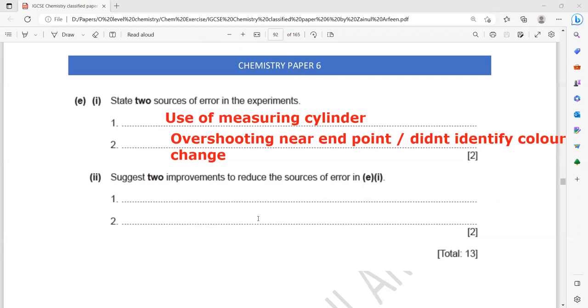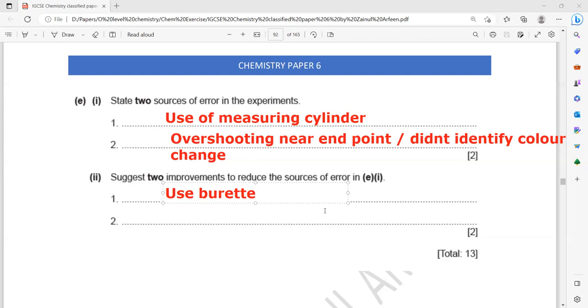So two improvements: use burette. Why can I not mention pipette here? Because the volume was 20 cm cube. Yeah, one of the improvements is use of burette, and what else is there? We should repeat, and one of the errors here was that we did not repeat the experiment, so we should repeat the experiment.